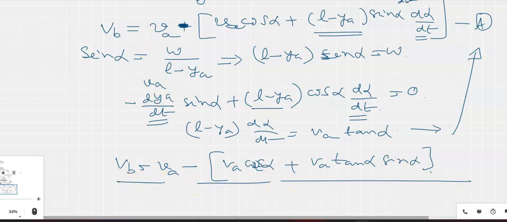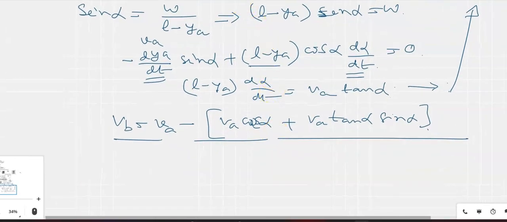You can see this. So vb is equal to va minus, this becomes va, then we have cos alpha, this is cos alpha. So this is cos square plus sin square becomes 1, then we will have cos alpha.